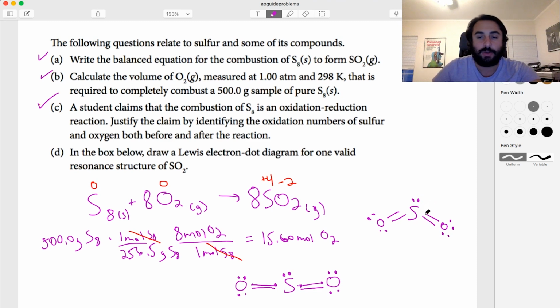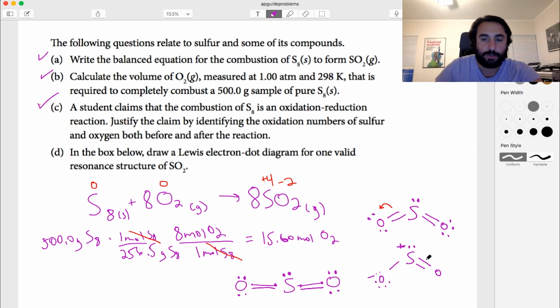The other valid ones would be if one of these pi bonds was to go up to this oxygen, right? If we went like this. So what would that look like? That would look like this. That would have a minus charge, and sulfur would now have a plus charge, right?